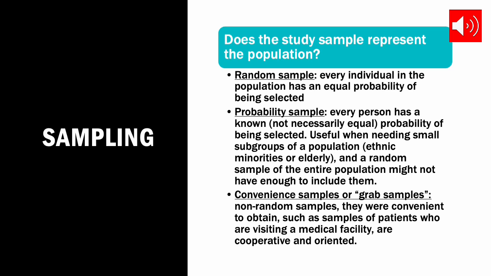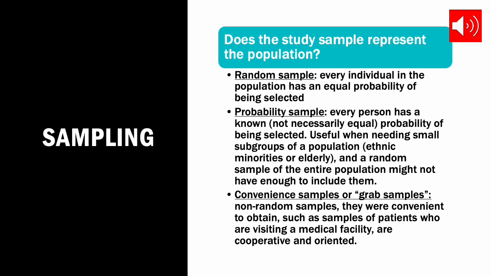A probability sample is where every person has a known, not necessarily equal, probability of being selected. It's useful when needing small subgroups of a population. So if you're going to study ethnic minorities or the elderly or children, a random sample of the entire population might not have enough to include them.